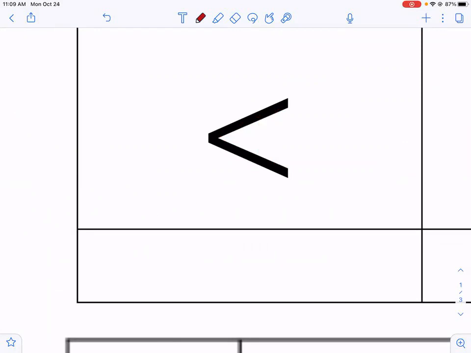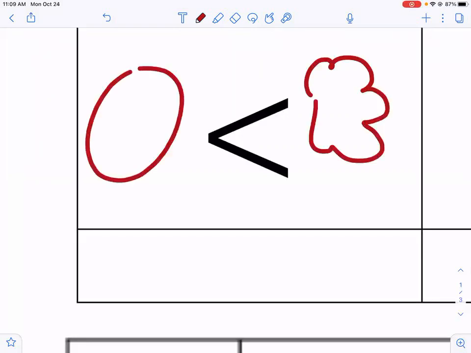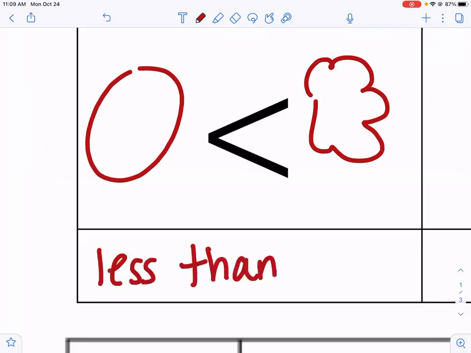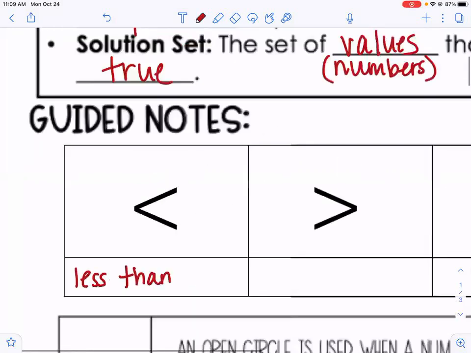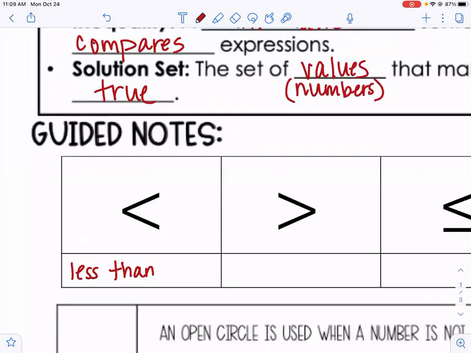Bronson, what does this one mean? Well, this guy would be bigger. This guy would not be. We're going to call it less than. Okay.